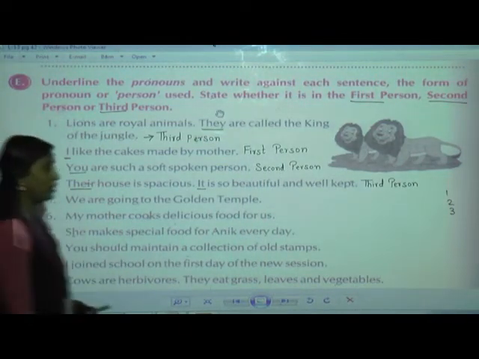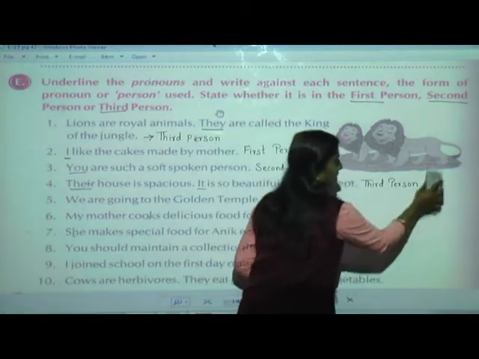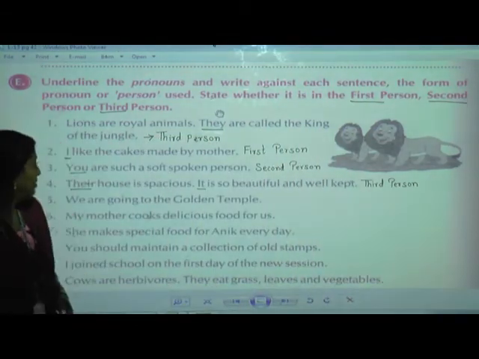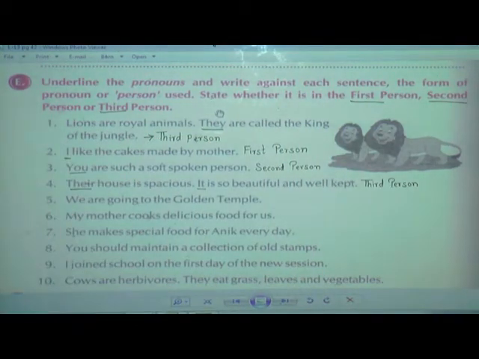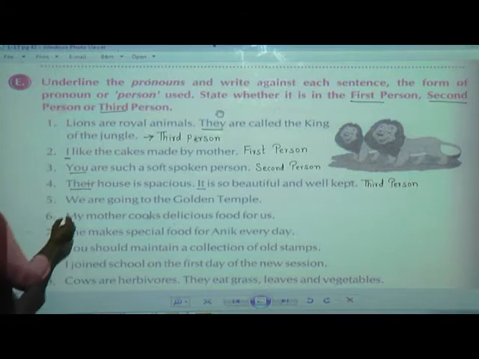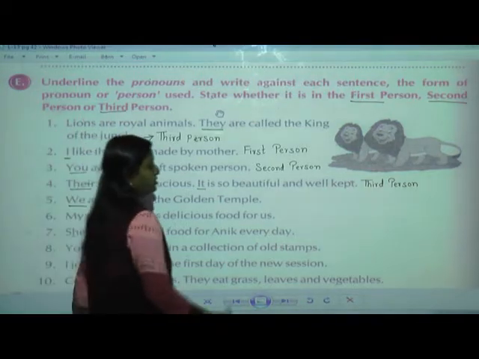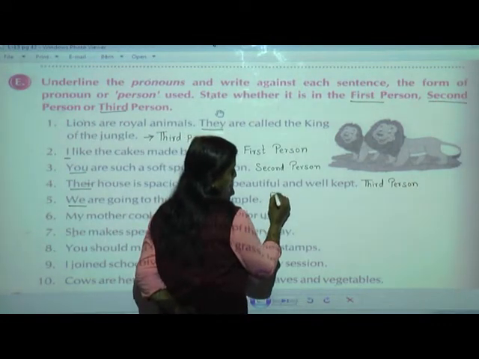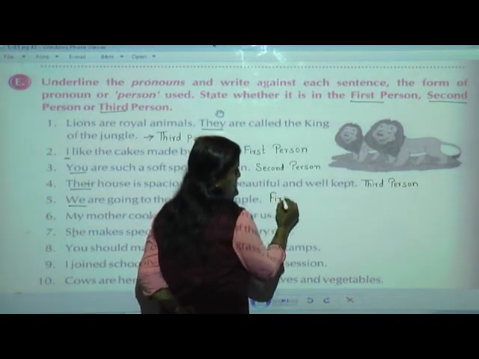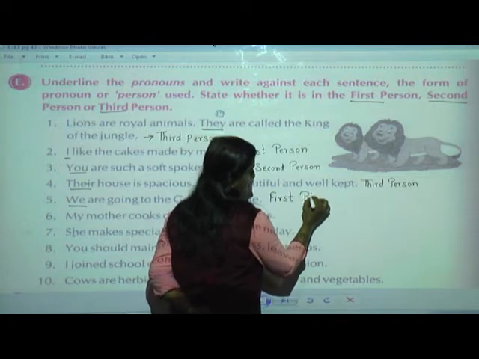I am just giving you a shortcut so that you can finish it along with me. Now, fifth, we are going to the Golden Temple. We means I am going along with my friends. So we is the speaker, that is first person.